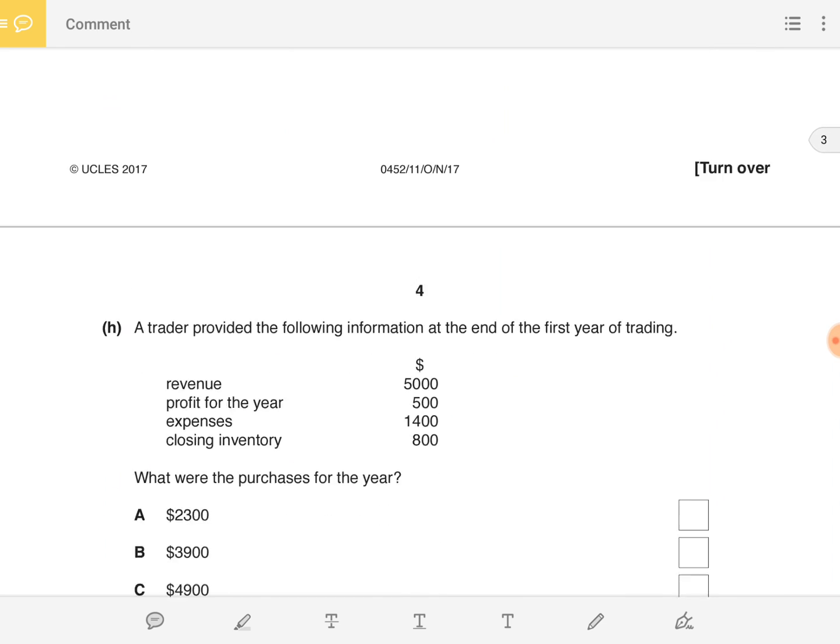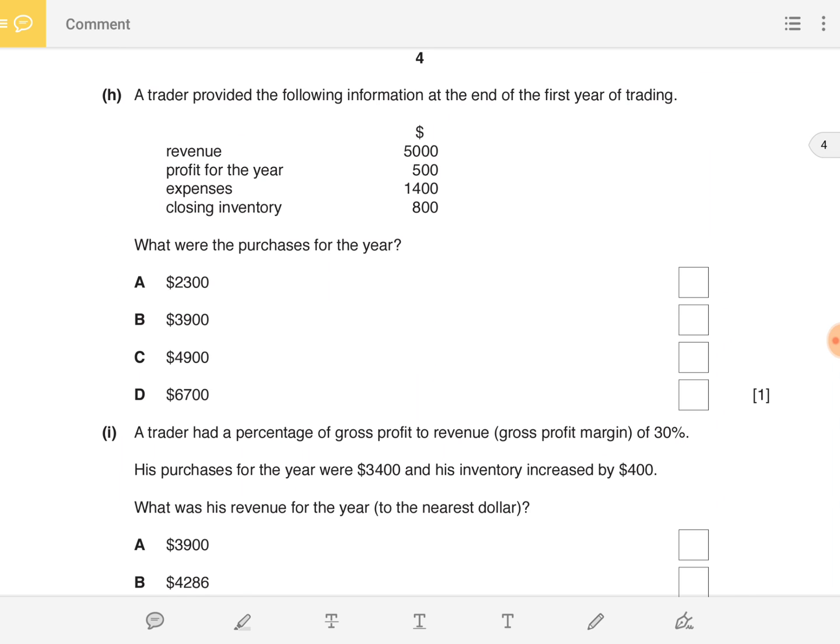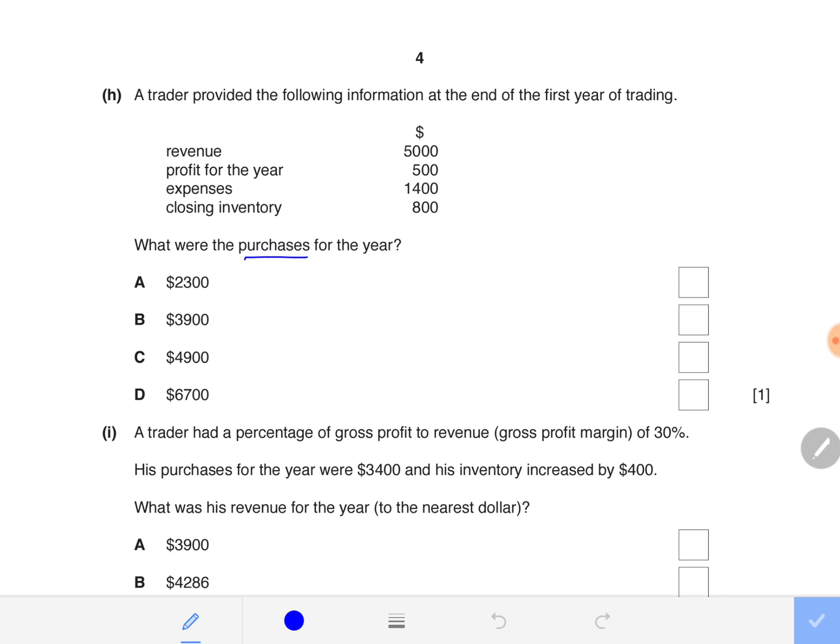Next. H. A trader provided the following information at the end of the first year of trading: revenue, profit for the year, expenses, and closing inventory. What were the purchases for the year? How to find purchases for the year?